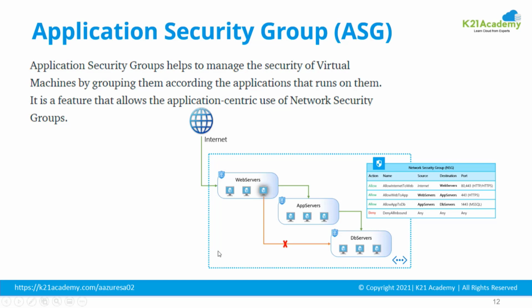So instead of that, what you can do is create an application security group, and then go to the virtual machine and say these virtual machines are part of this web server group. Similarly, these machines are part of this application server group.